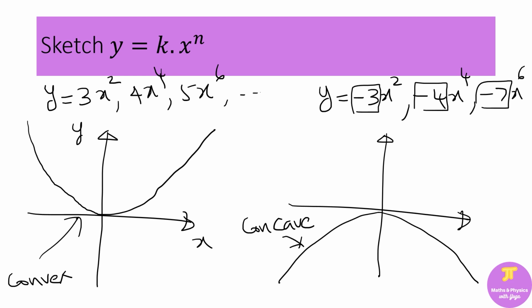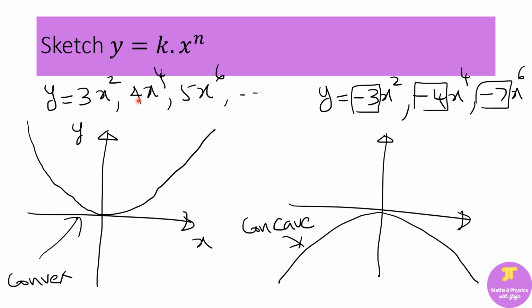So as long as you remember the graphs for quadratics and cubics from the previous video, you will be able to draw higher order polynomials like x to the power 2, x to the power 4, x to the power 6, and so on. You just need to check the power of x as well as the coefficient of x.